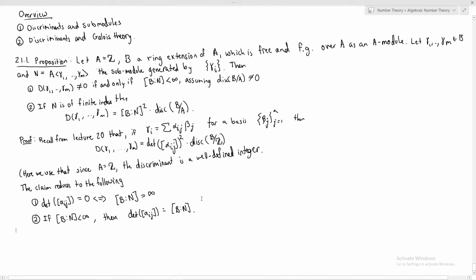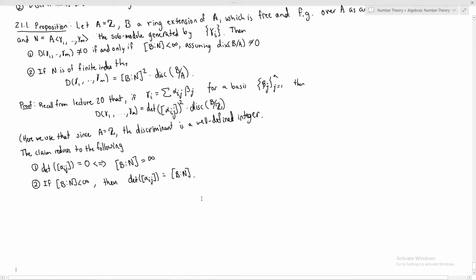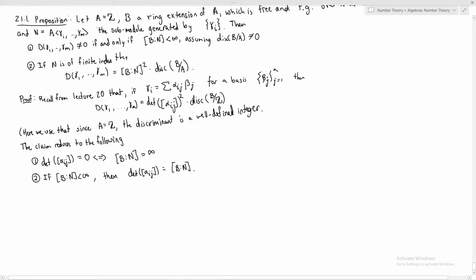Okay, so how do we see 1 and 2? Well, first let's focus on 1. Well, basically the idea is we have the following sequence of equivalences.